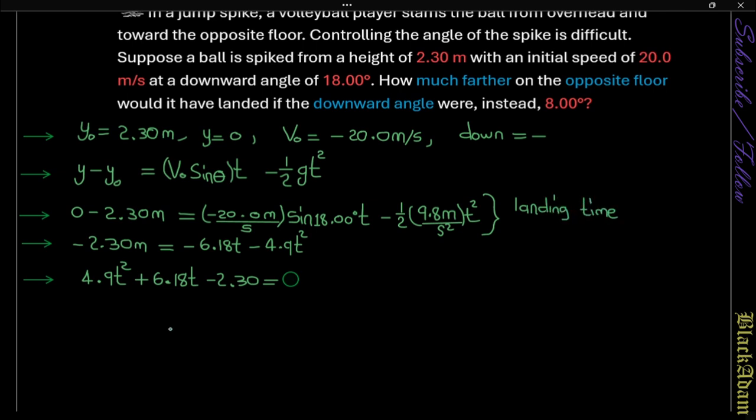So what time is it going to land on the ground? And then we use the quadratic equation, and our A is 4.9, our B is 6.18, and our C is negative 2.30.